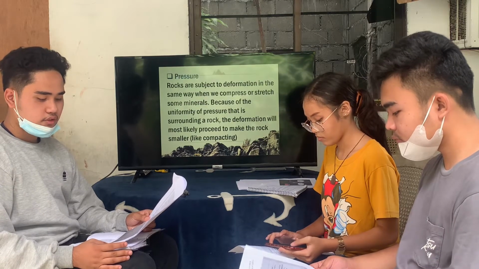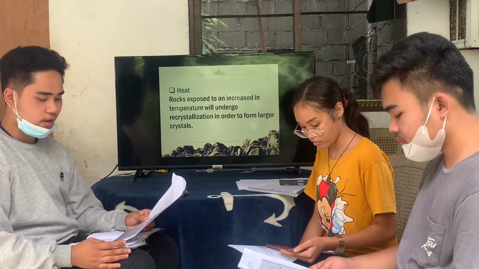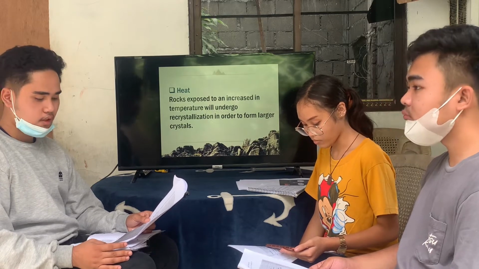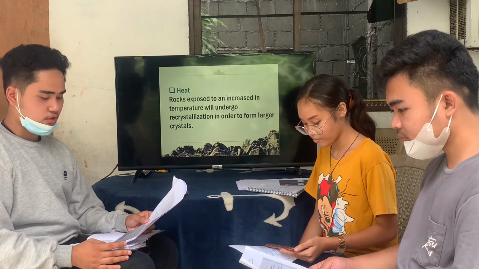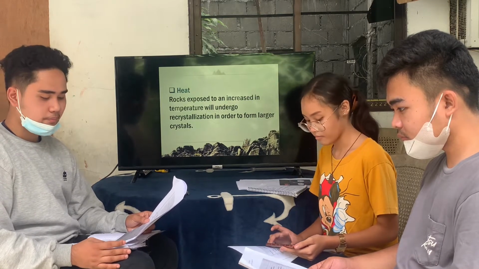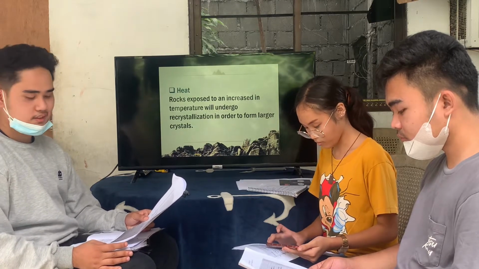If you're wondering what recrystallization is, it is a physical method used to purify chemicals based on their different solubility. So in simple terms, they purify chemicals to form larger crystals.